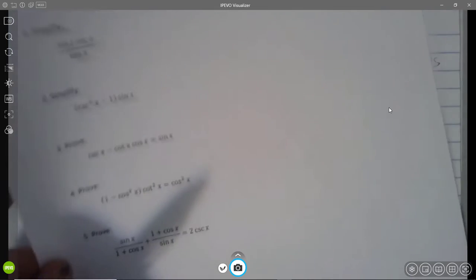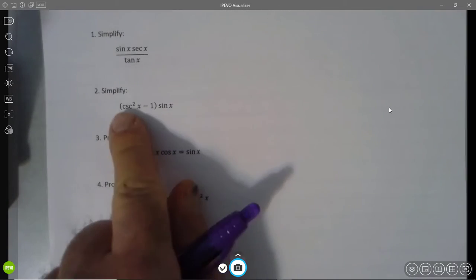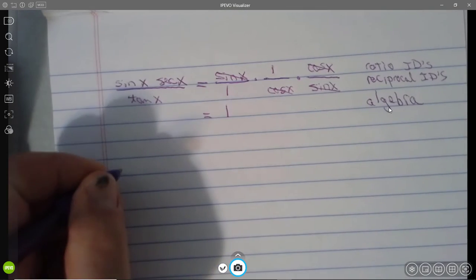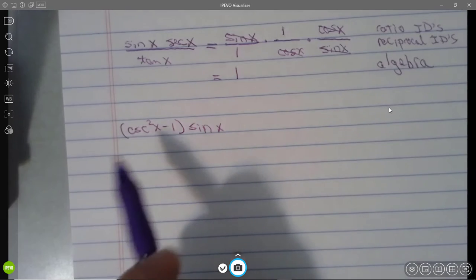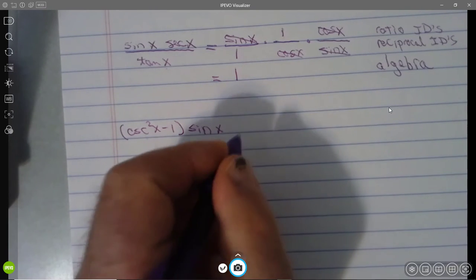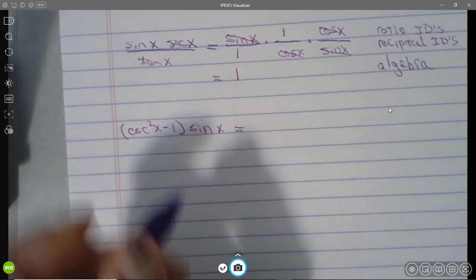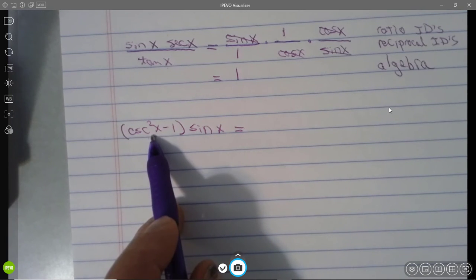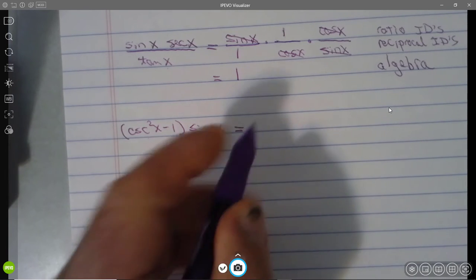The second one I'd like to do is this: simplify cosecant squared x minus 1 times the sine of x. Okay, on something like this, once again, the way I would approach this would be probably to convert to sines and cosines and see what we can get to clean up. The cosecant is the same as 1 over the sine.